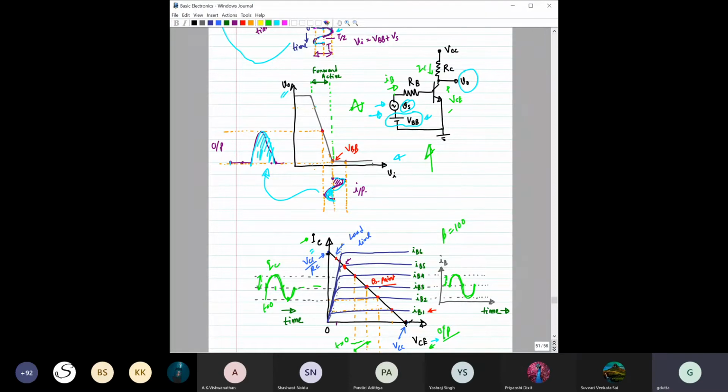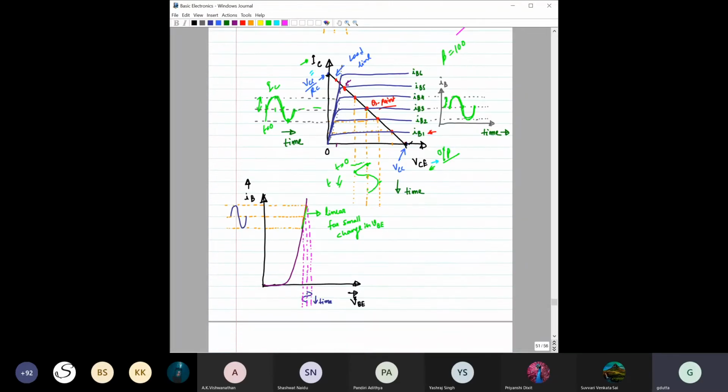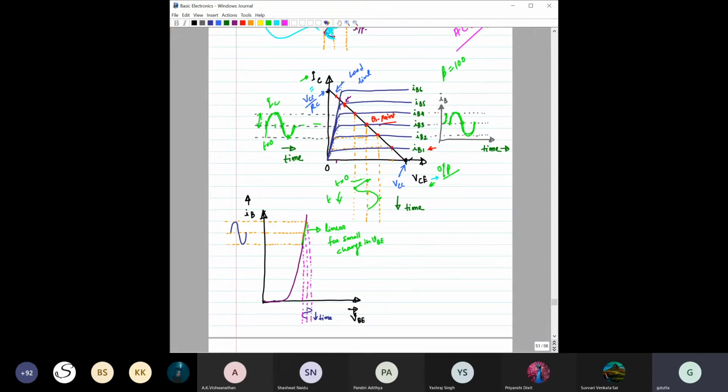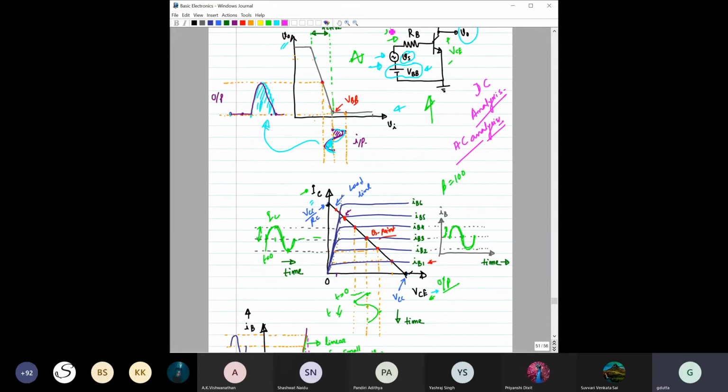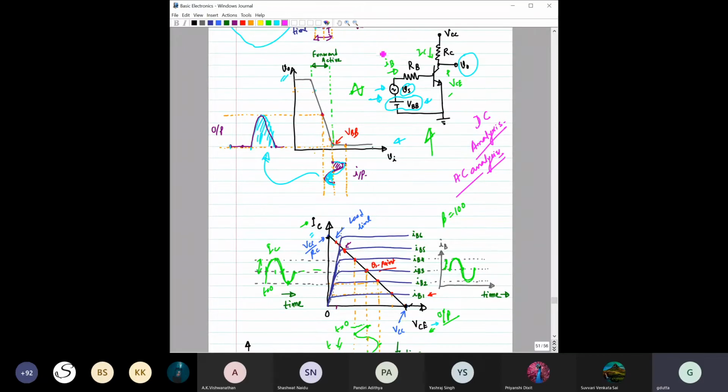So first we analyze the circuit in DC analysis and see where the Q point is, and what the current at this Q point is. Once we have understood that, we should do the AC analysis, and for that the circuit has to be a linear circuit. Now, consider this IB, which is the input here. Why is this IB changing?